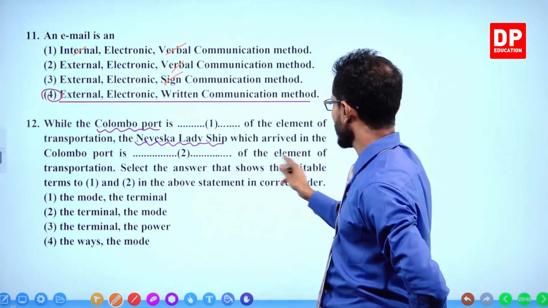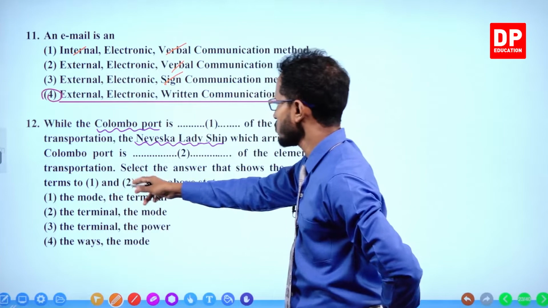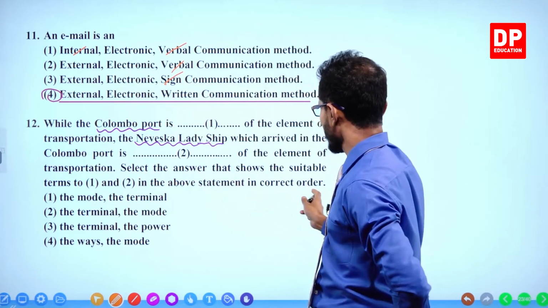Select the answer that shows the suitable terms for 1 and 2.